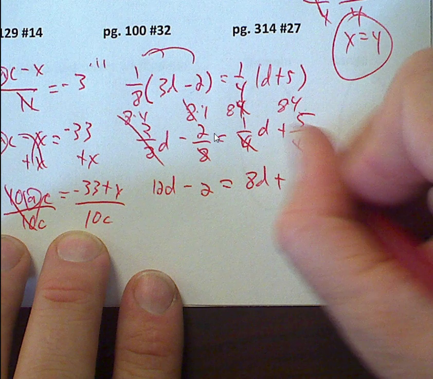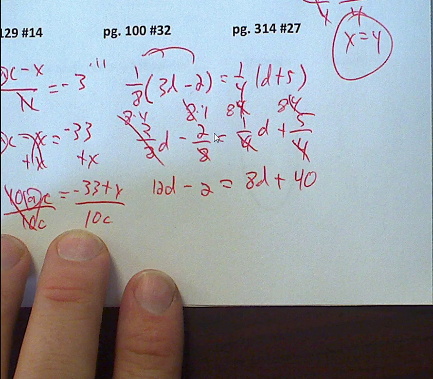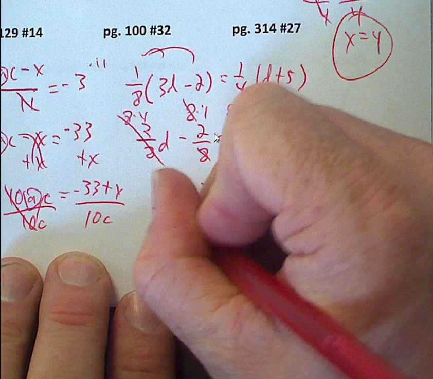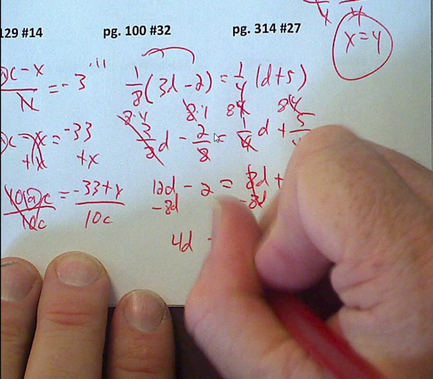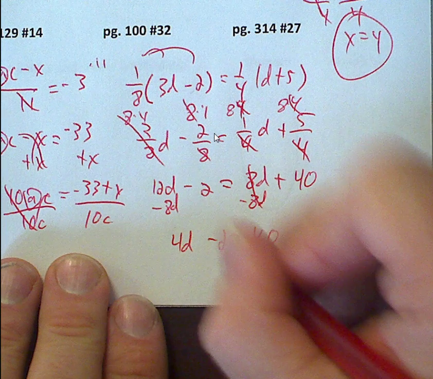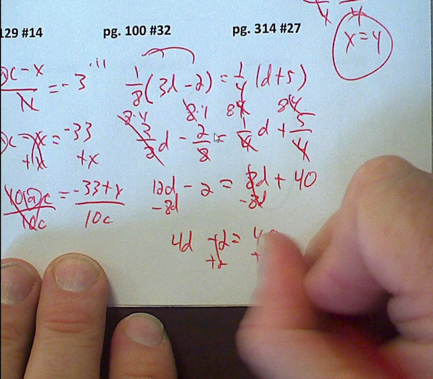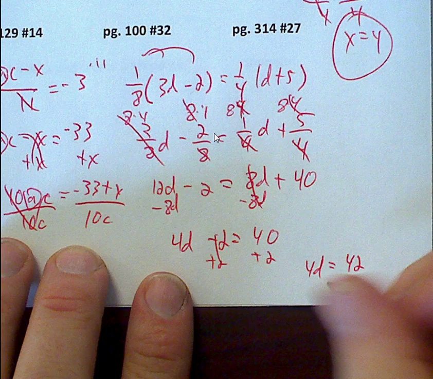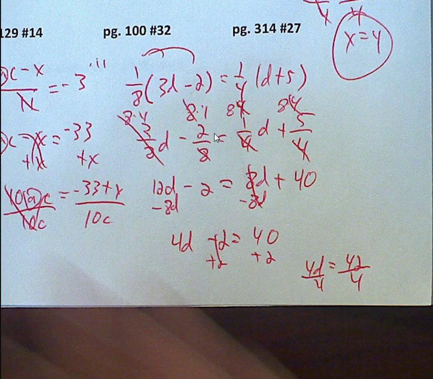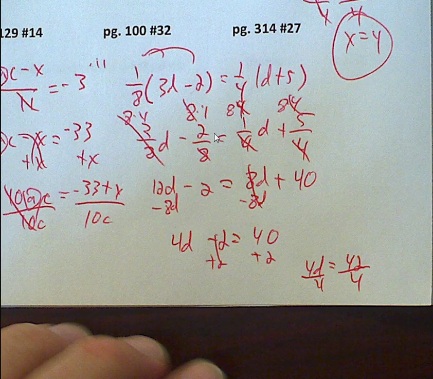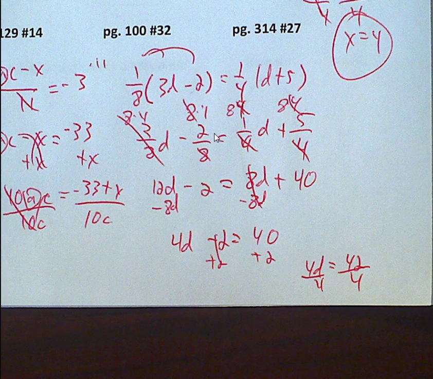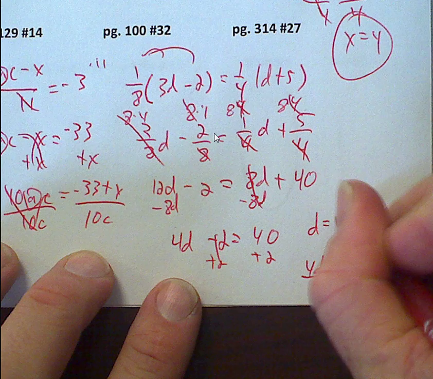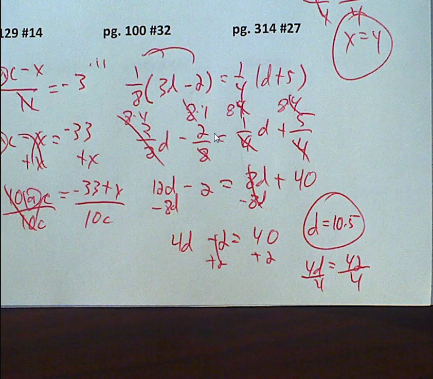My 4's go away, 40. So, minus 8d on both sides, that's 4d minus 2 equals 40. I'm going to add 2, so I got 4d equals 42. Divide by 4, and 42 divided by 4 gives me 10.5.